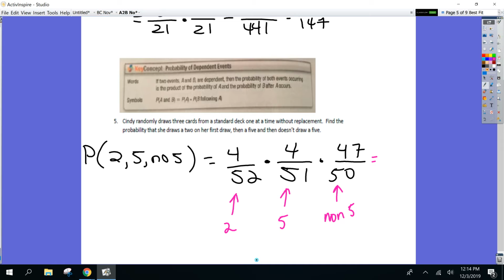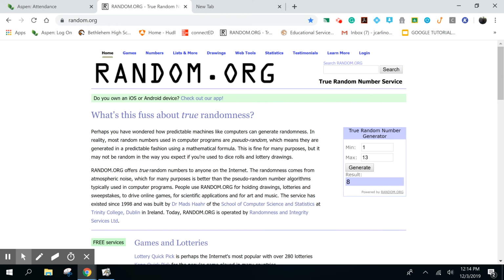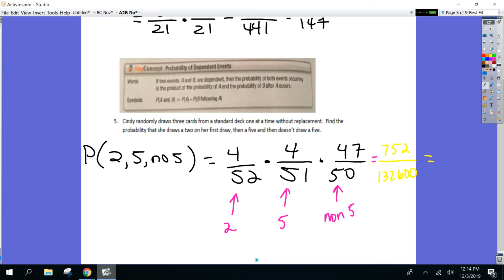Again, if somebody's got the reduced answer, let me know. Here's what I'm working with. 752 out of... You guys that are using the fraction templates, let me know what that reduces down to. 13, what's that reduce down to? Yep.